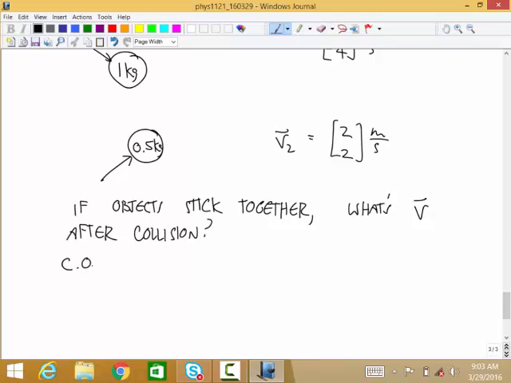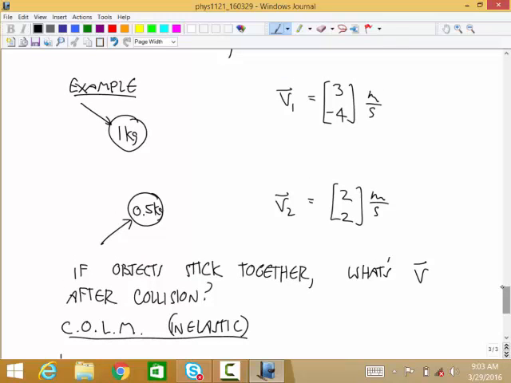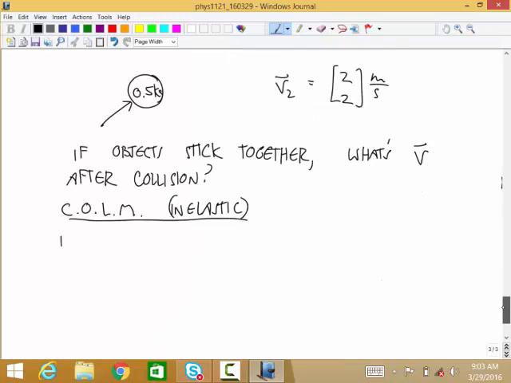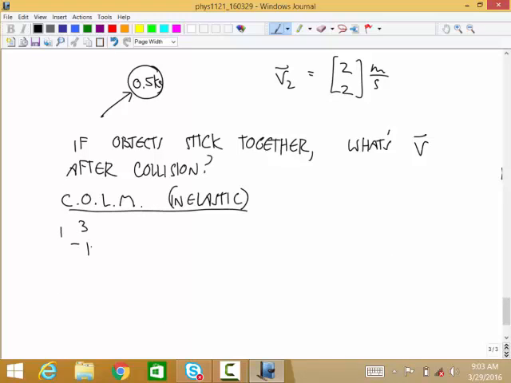So conservation of linear momentum for inelastic simplification says 1 times ⟨3, -4⟩ plus 0.5 times ⟨2, 0⟩ is equal to (1 plus 0.5) times ⟨Vx, Vy⟩.